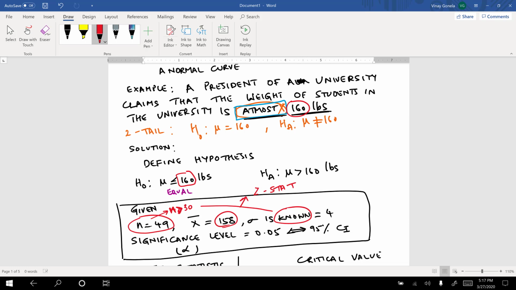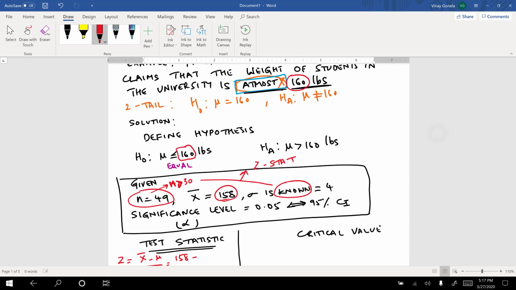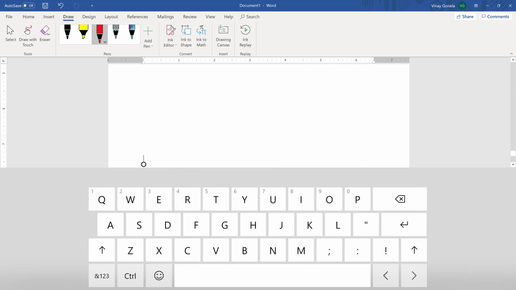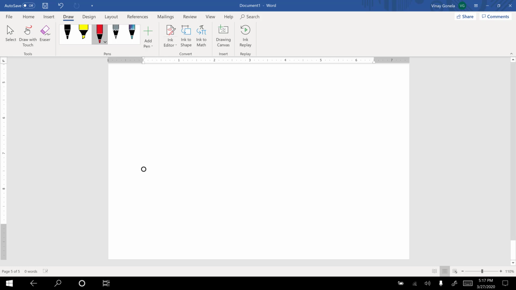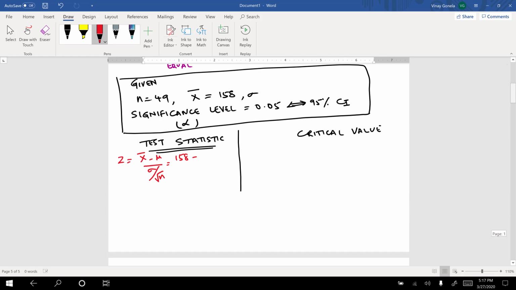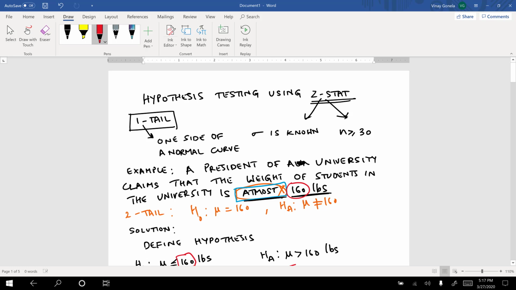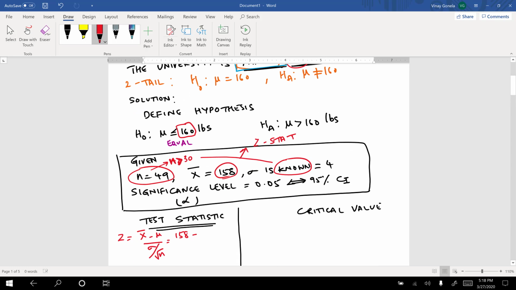So we just take this value and substitute here: 158 minus 160, divided by sigma, which is given as 4, over square root of n, which is 49.